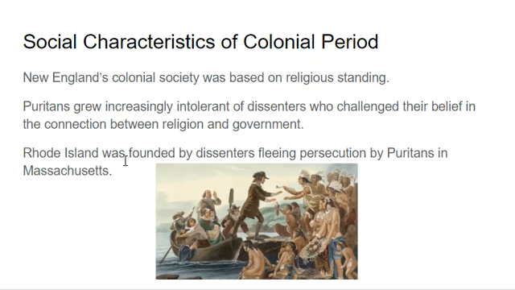And Rhode Island was founded by dissenters fleeing persecutions by Puritans in Massachusetts. So there was a bunch of people in Massachusetts who did not agree with the Puritans. They thought that their beliefs weren't correct, and because the Puritans were intolerant, all the dissenters fled to Rhode Island.